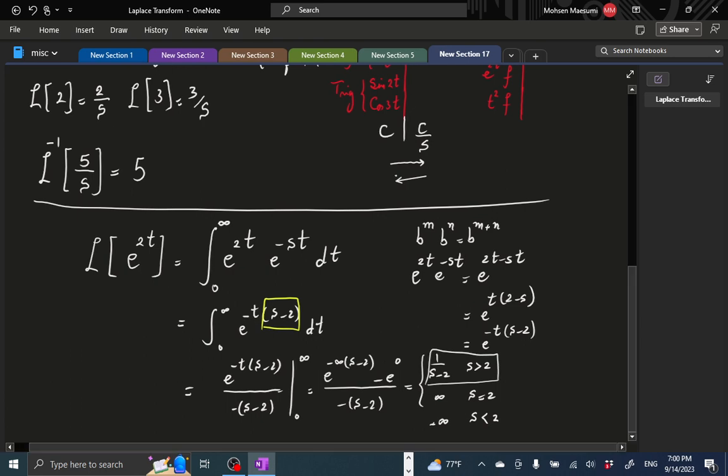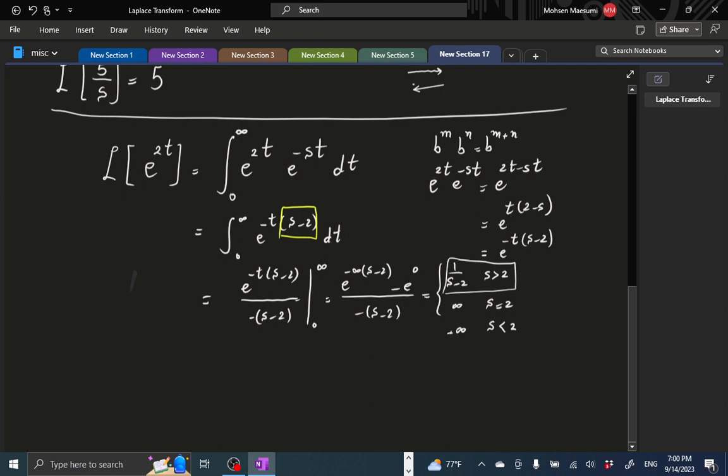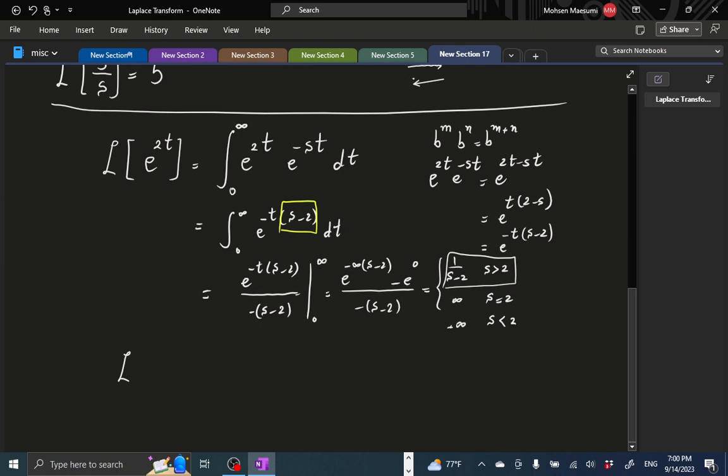So what is it that we got? We got that Laplace transform of exponential of 2t is 1 over s minus 2, provided that s is larger than 2. We have no use for the other cases.